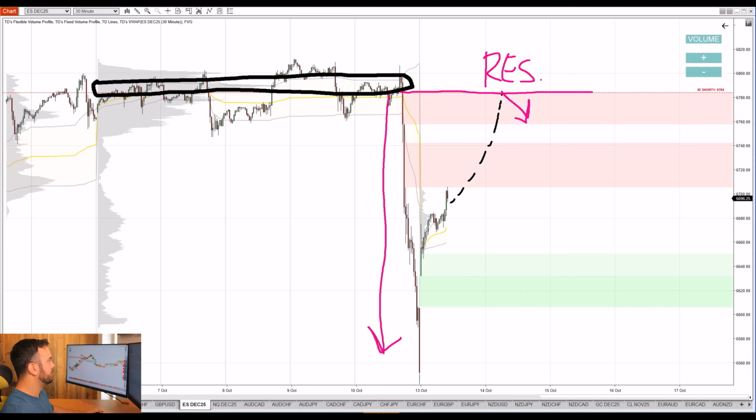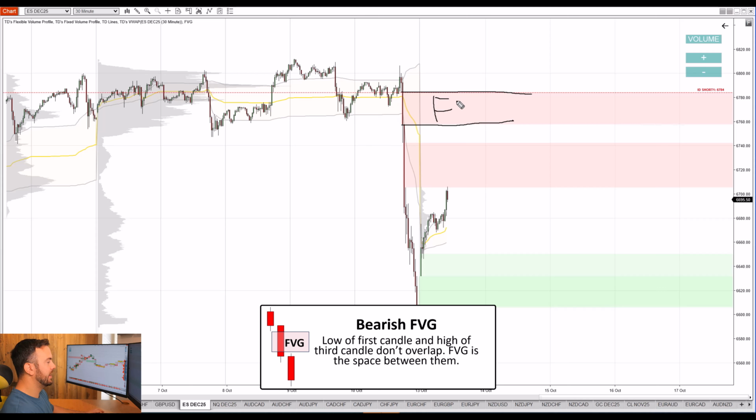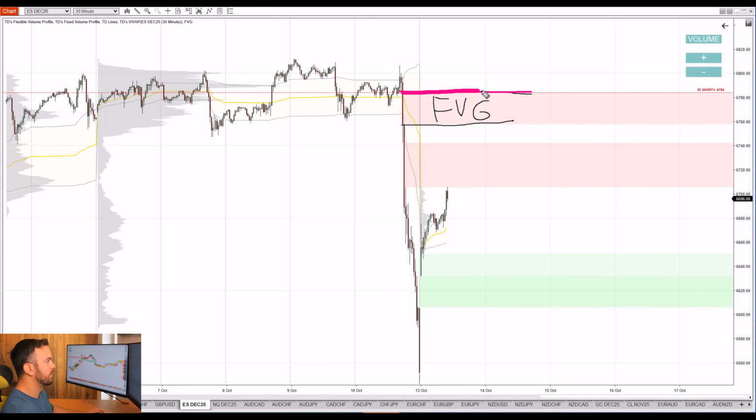It is also not just the weekly point of control, but also the beginning of a rather big fair value gap. This is a fair value gap highlighted in red, and this is the beginning of it. The beginning of the fair value gap, that's where I like to trade from. There's also one fair value gap below that.